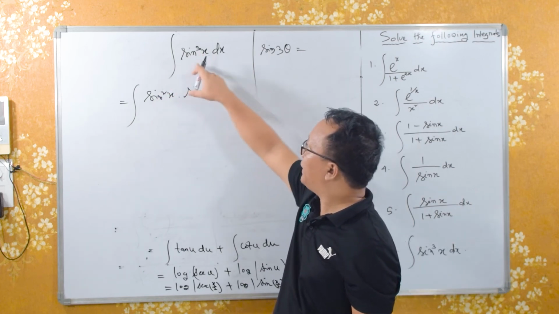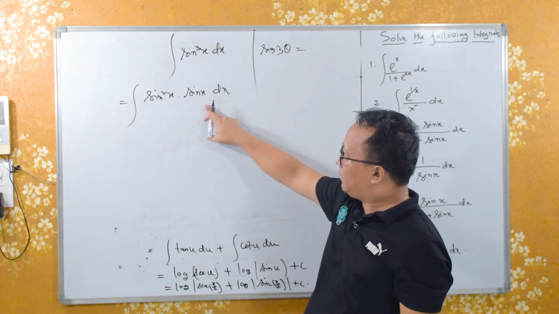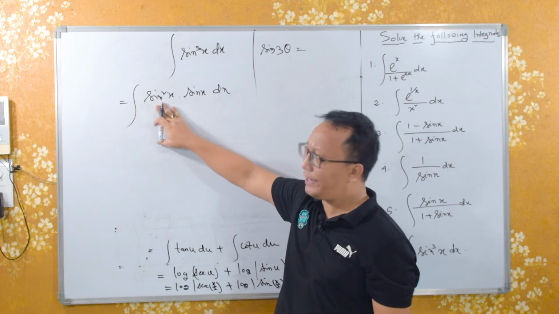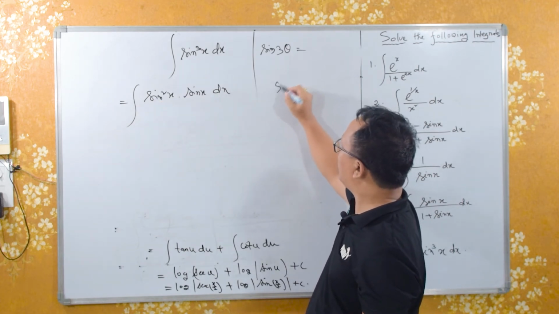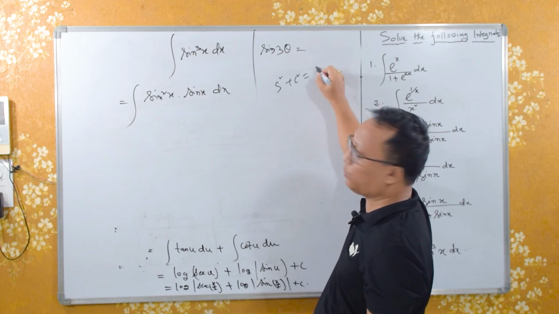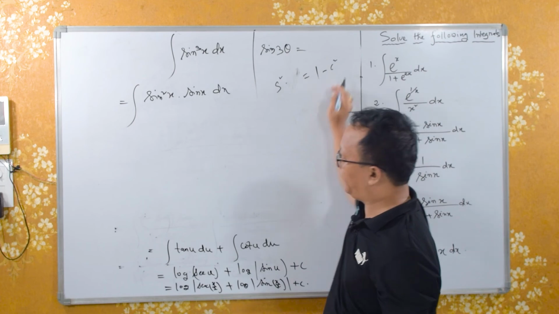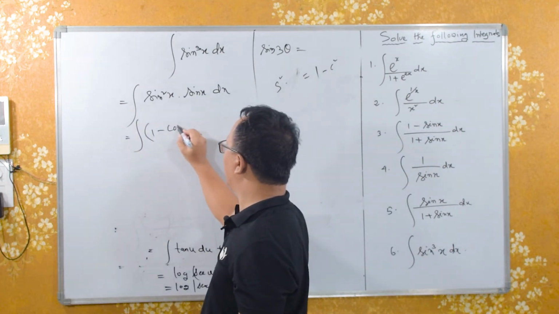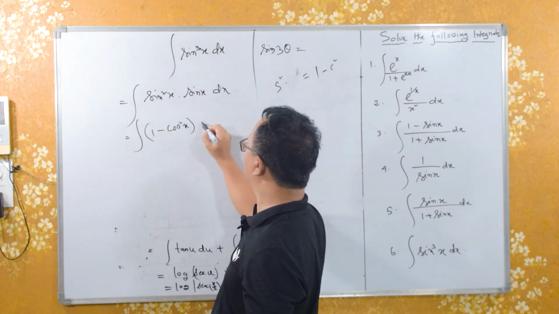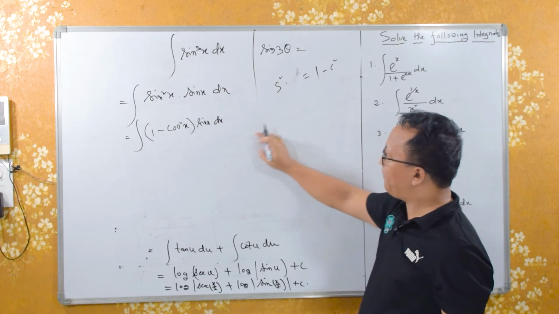Now sine square x is what? 1 minus cos square x, because sine square x plus cos square x equals 1. Now instead of sine square, I write 1 minus cos square x into sine x dx.